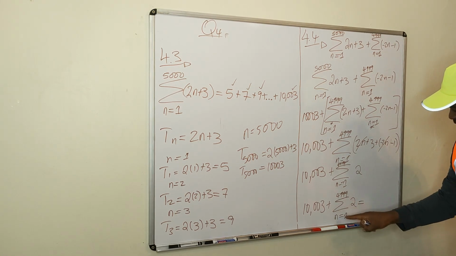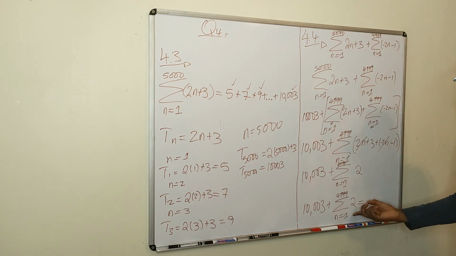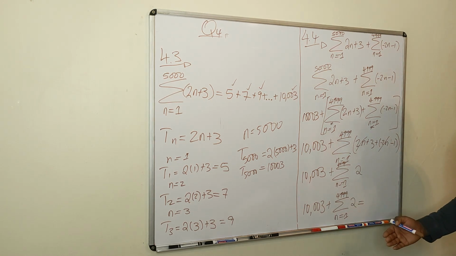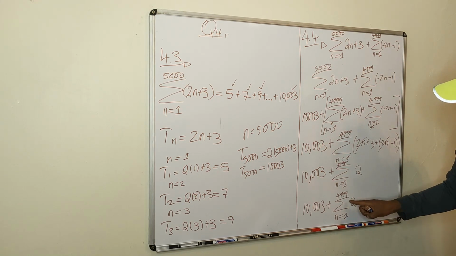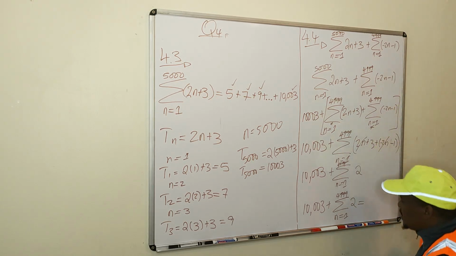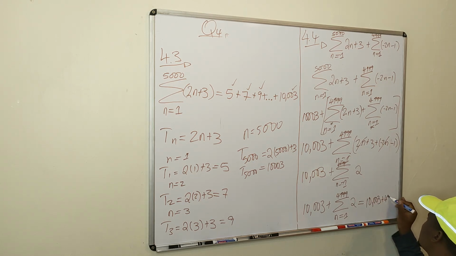The terms that are here, they are 4,999, right? But what terms are those? All those terms are 2's. So we have 4,999 worth of 2's. Or you are adding up 4,999 2's. That's what we are doing. So what you are left with, essentially, is 10,003 plus 4,999 of 2's.